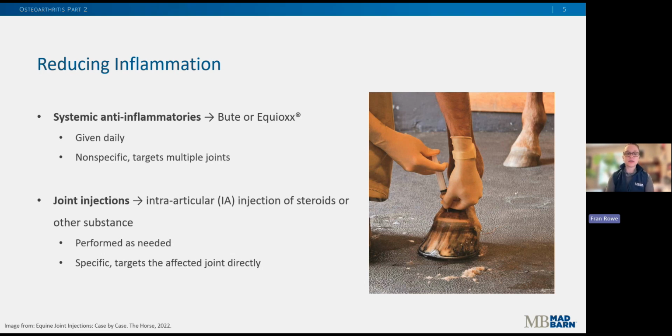So this strategy is really going to kind of target multiple joints versus our joint injections, which are going to be performed on an as needed basis. Generally, that might be every 6 months, maybe every 12 months. It will certainly depend on the horse and the degree of arthritis in that particular joint. But this is a really targeted approach that's specific to the affected joint and then leaves all the other joints as is.